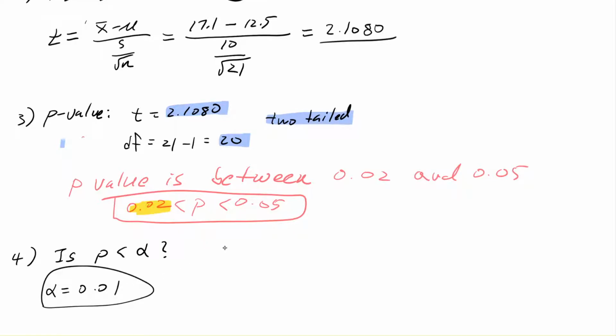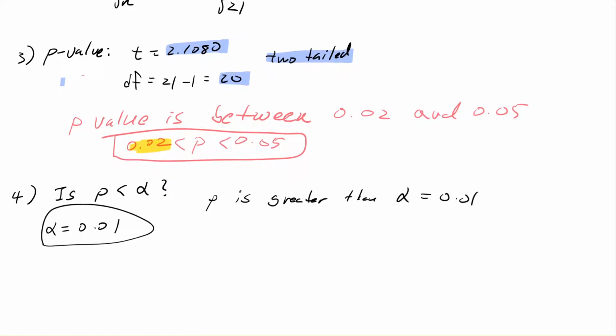Therefore, p is greater than alpha in this problem. Alpha equals 0.01. Okay. So although we only have the p-value as an estimate in a range, it doesn't affect our conclusion.